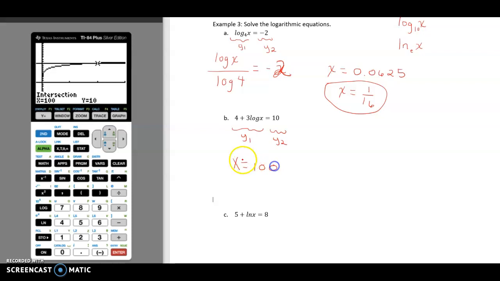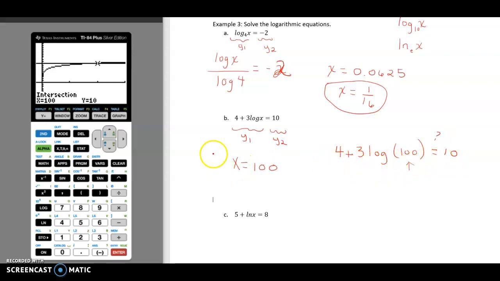Once again, you want to check and make sure that if you plug that 100 in, whatever you're taking the log of doesn't result in a negative argument, and it doesn't in this case. You can actually plug this into the calculator to check if this results in a true statement, and it will.